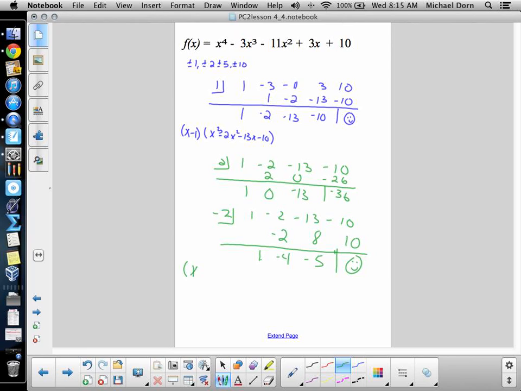So I have x minus 1 from up here, x plus 2, and now I'm left with x squared minus 4x minus 5. Oh, that's going to give me x minus 5, x plus 1. And I've completely factored that polynomial. I know the roots are at 1, negative 2, positive 5, and negative 1.